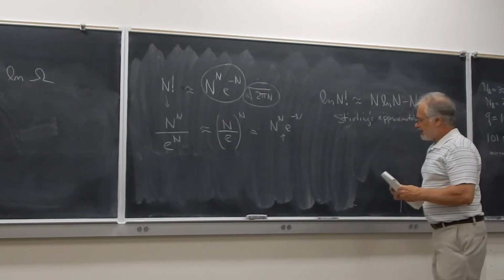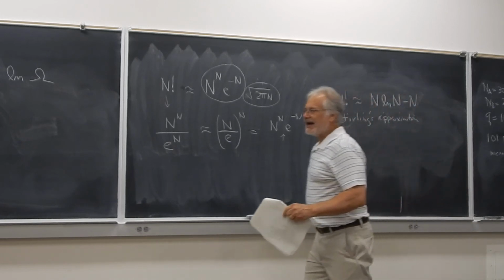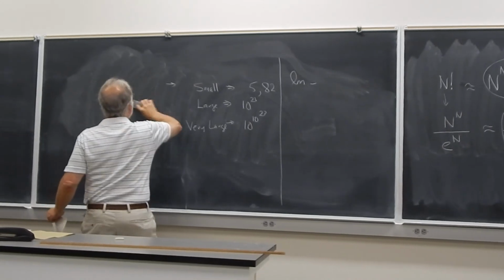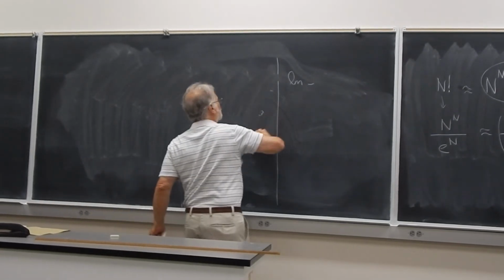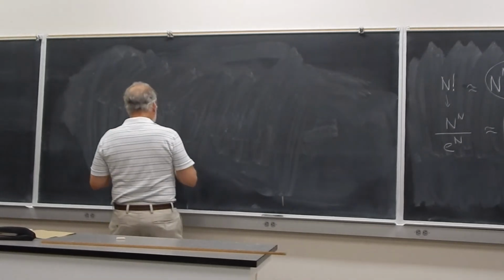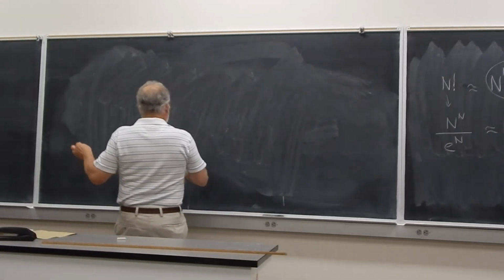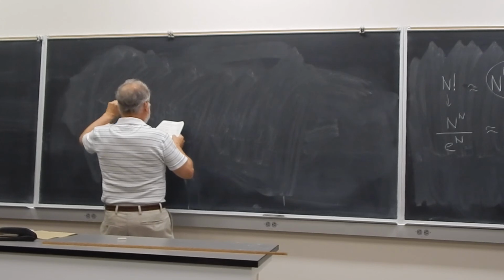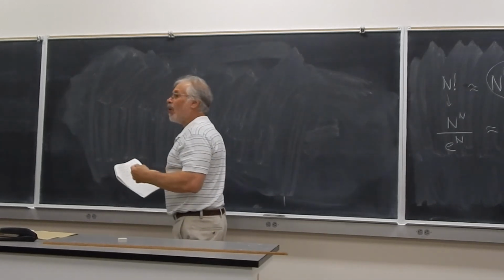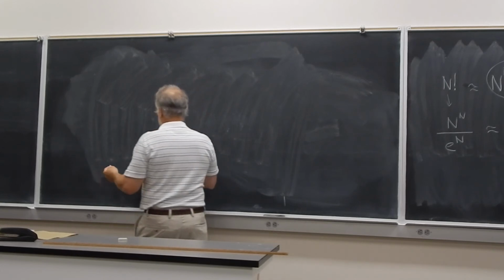Okay, having said that, there's a nice use of that in the problem that we're trying to solve right now with the Einstein solid. So we can fairly rapidly do the following. Suppose I have many oscillators, but even more energy levels.